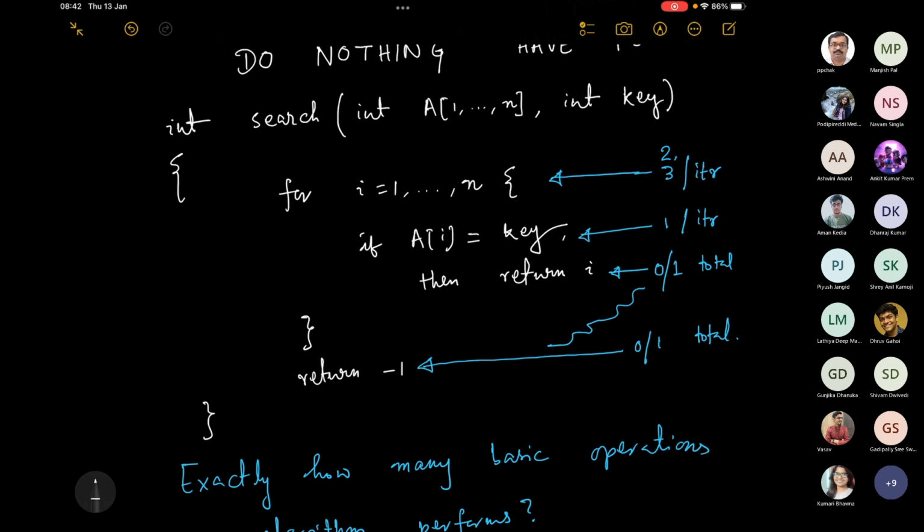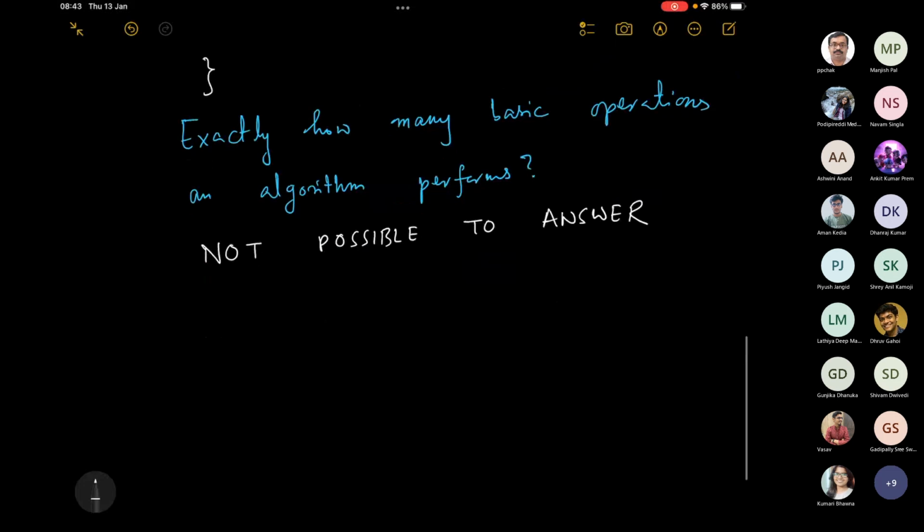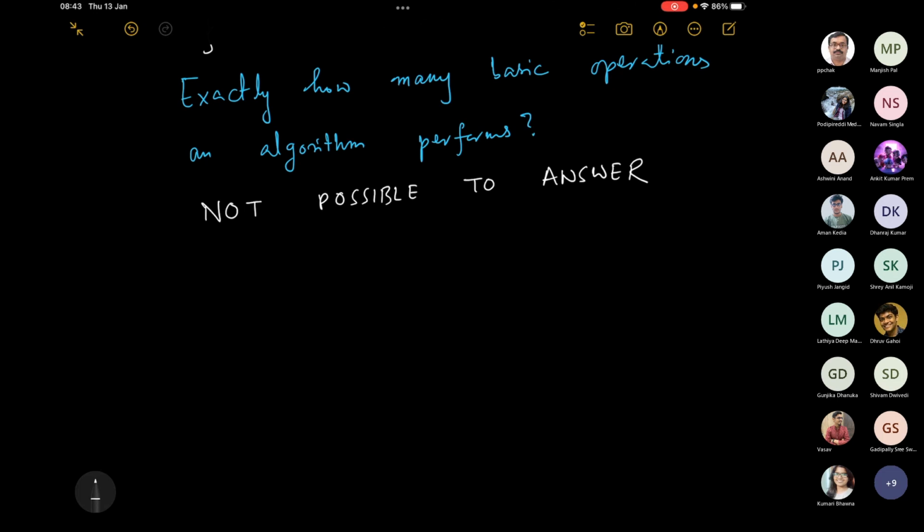We can compare the upper limit. Sorry? Upper limit means worst case. Yes, in the worst case. That's what we were doing, that's what we are going towards.